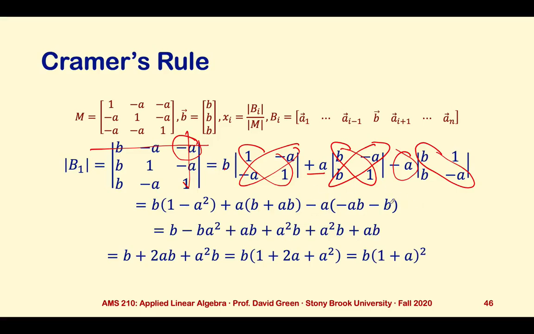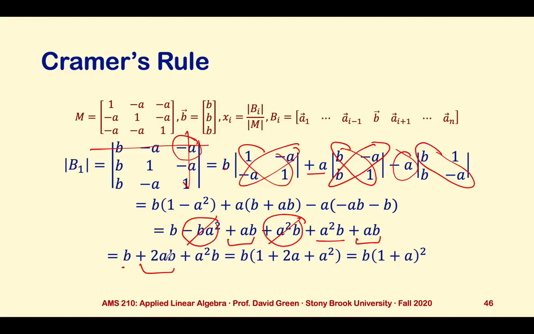Minus a times negative b is plus ab. Once again, group like terms. Plus ab and plus ab gives us 2ab. Negative a squared b plus a squared b, these cancel out, leaving us with a single a squared b term.